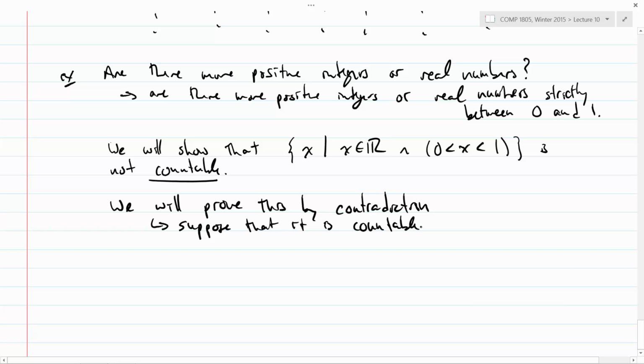And if it's countable, we can list the elements in order. Right? That's what it means to be countable. So I'm going to list them in this order. I'm assuming that it's countable, so I can do this listing.